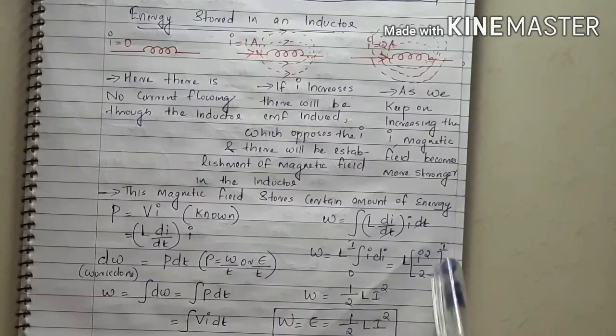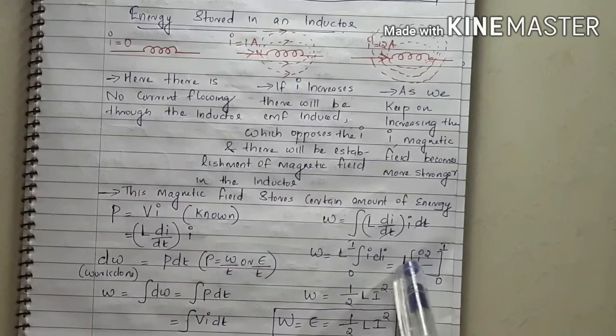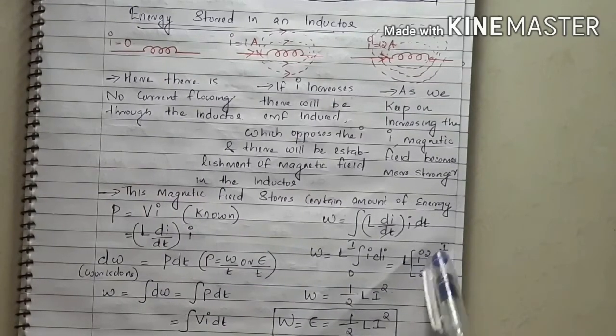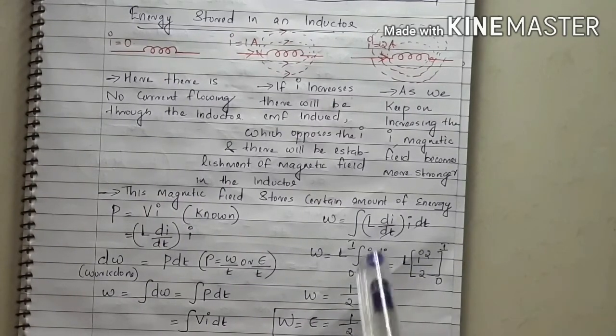So L I square by 2, from 0 to I. Substituting the upper limit and lower limit, W becomes half L I square. W is nothing but energy stored, which is equal to half L I square. This is the energy stored in an inductor.